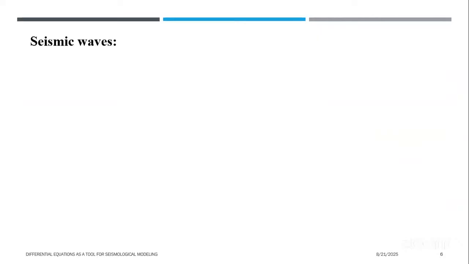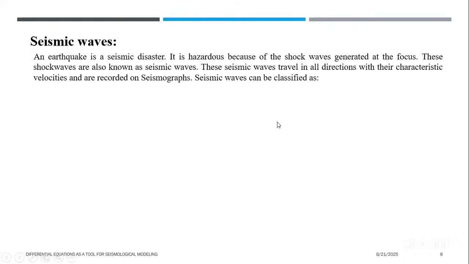So now moving ahead, I'll be talking about the classification of the seismic wave. And later on, we will take up two particular surface waves and discuss their mathematical modeling. One important thing is we call earthquakes a seismic disaster.